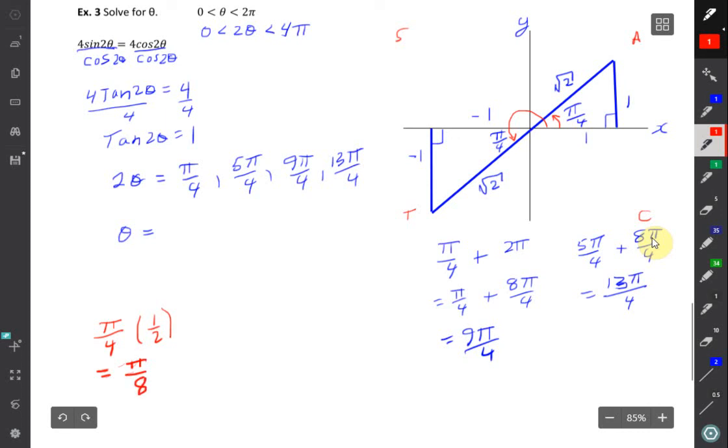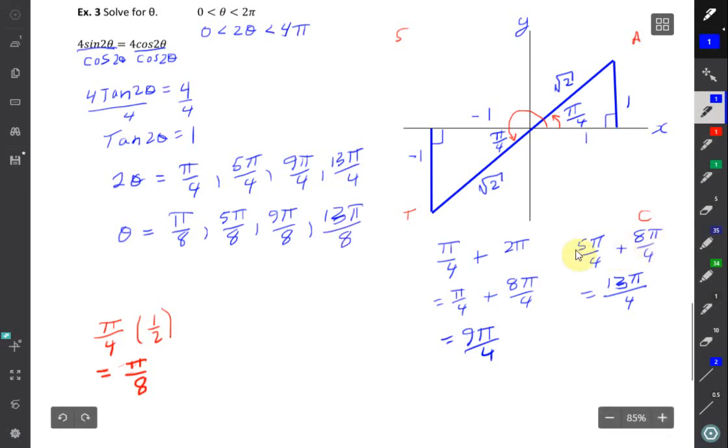Half of pi by 4 is pi by 8. So we're multiplying everything by a half. So this first answer we have is pi by 8. The next one, if we multiply that by half, would be 5 pi by 8. The next one would be 9 pi by 8. And finally, we have 13 pi by 8.